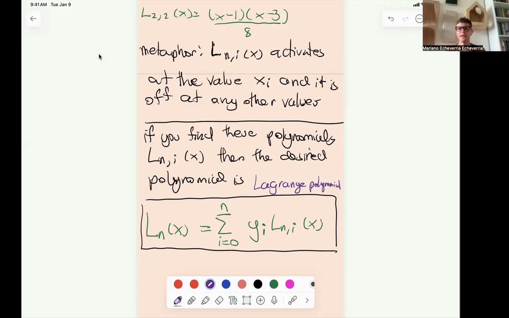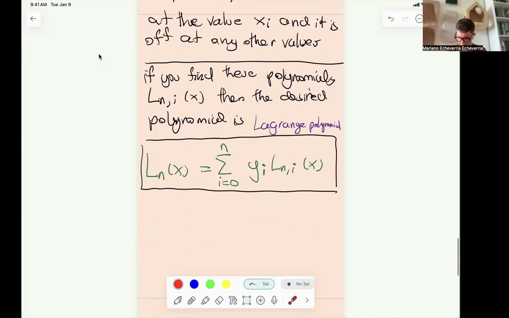And what I had mentioned before was the formula for one of these polynomials. The key question is: how do you find these? How do you find the polynomials?